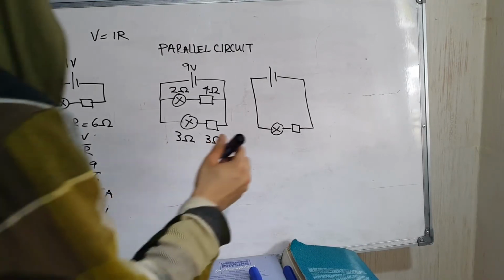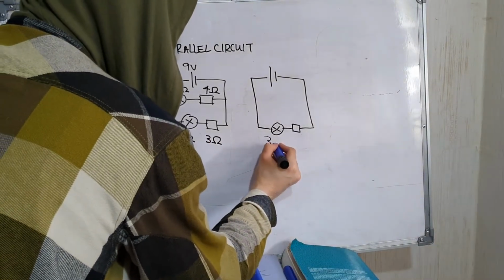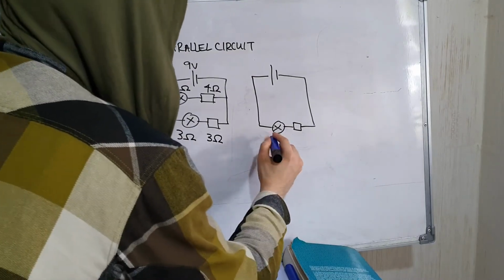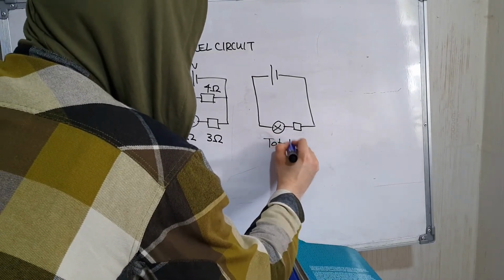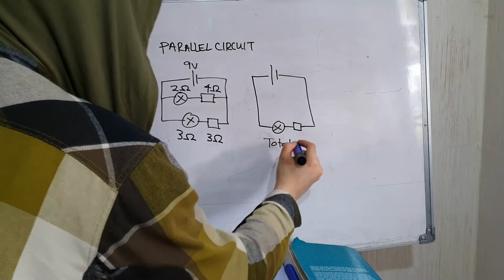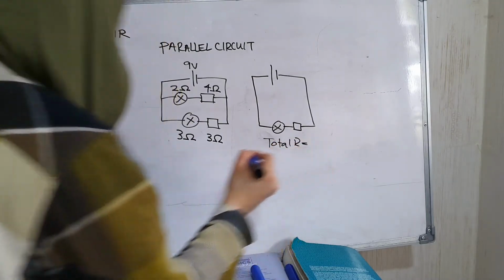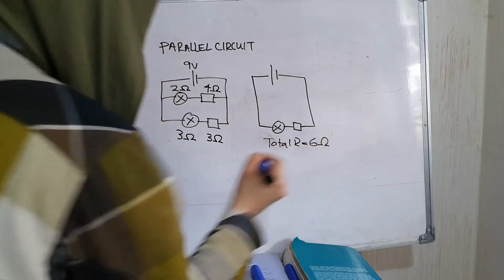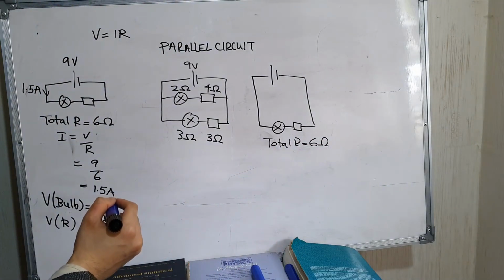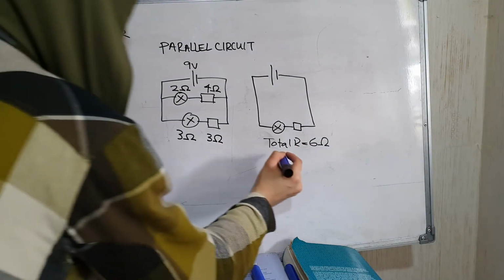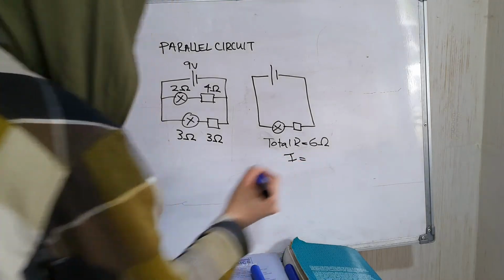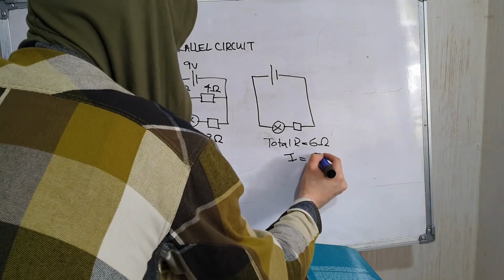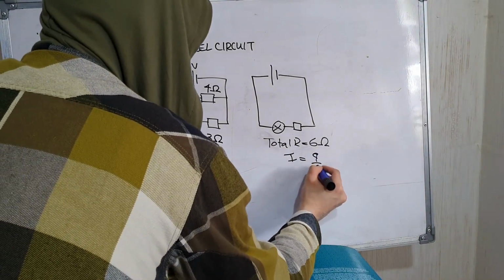Now the second one, you have 3 ohms and 3 ohms. All right, so let's just work out the total. The total R is also equal to 6. And the current, therefore, is again equal to 9 divided by 6.